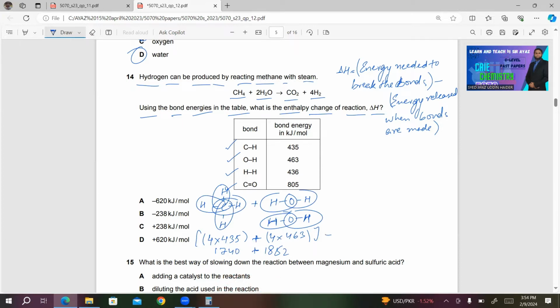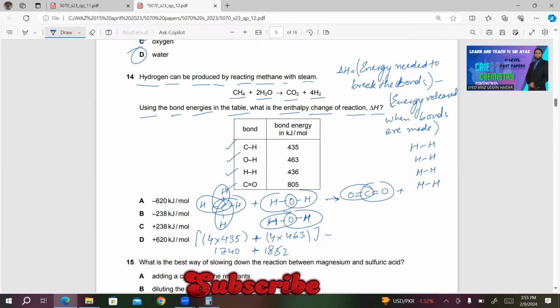Now you have to subtract the energy released when bonds are made. So we have CO2, O double bond C double bond O, plus 4H2. We have 4 moles of H2. So first of all, CO, 1, 2.